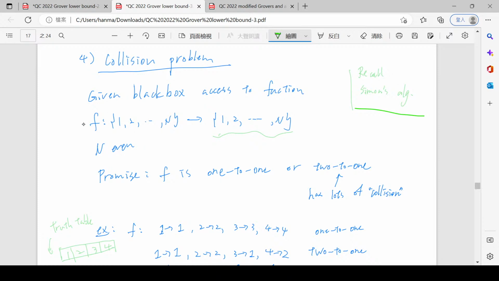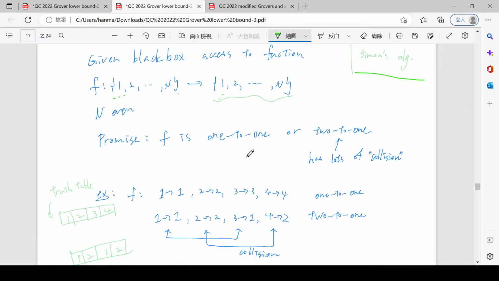So we have a function, small f, that maps from 1 to some big N to 1 to big N, and we say N is even to make things easier, and we have a promise on this function.